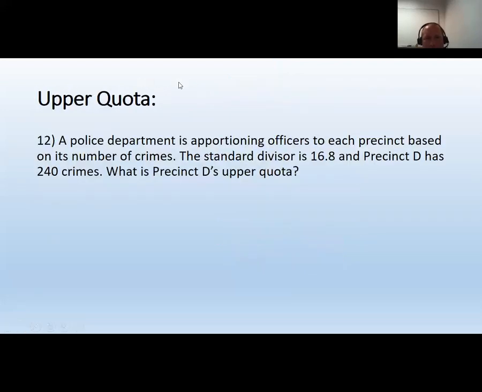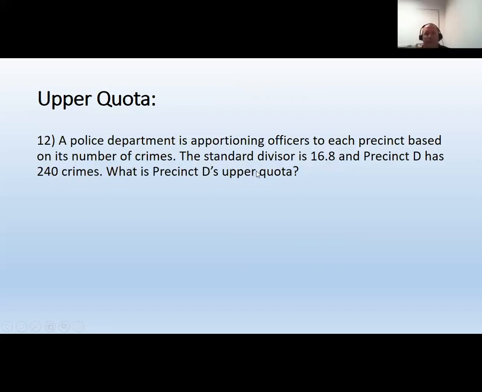So on this problem, we have a police department apportioning officers to each precinct based on its number of crimes. The standard divisor is 16.8, and precinct D has 240 crimes. What is precinct D's upper quota?